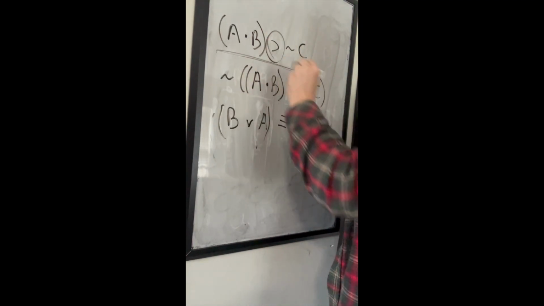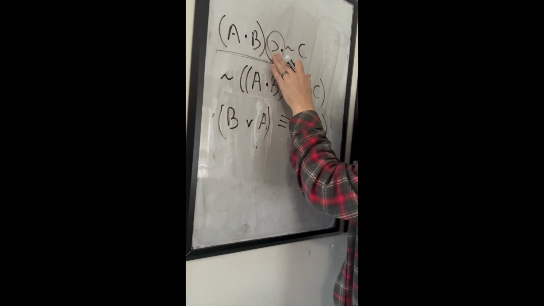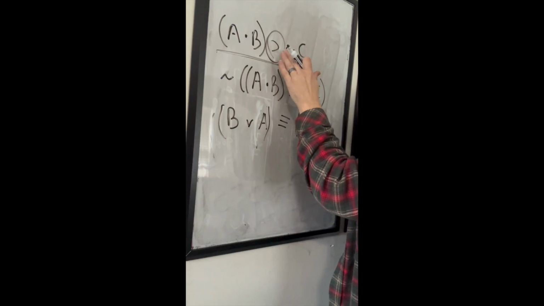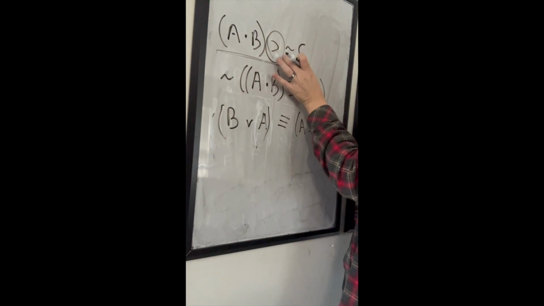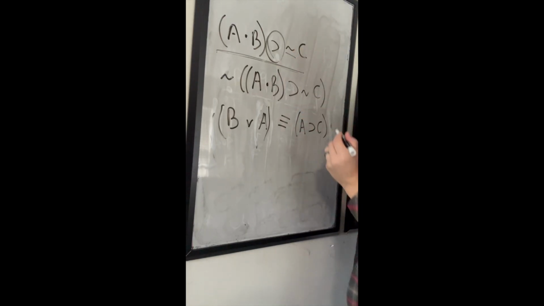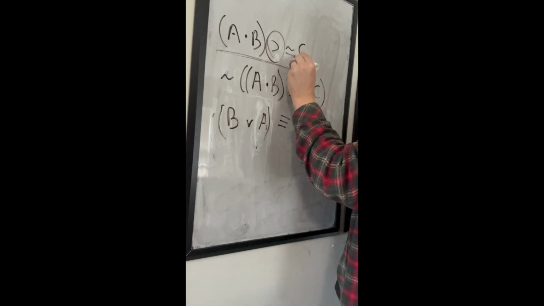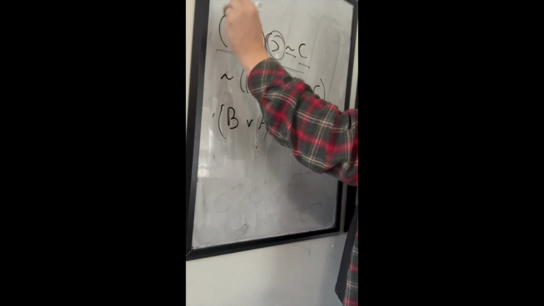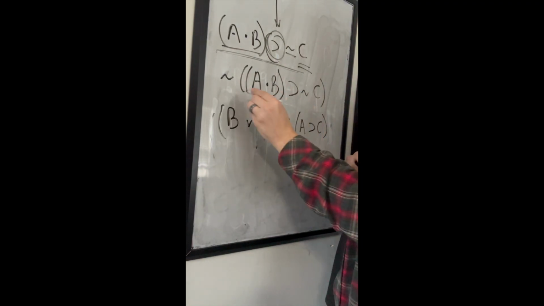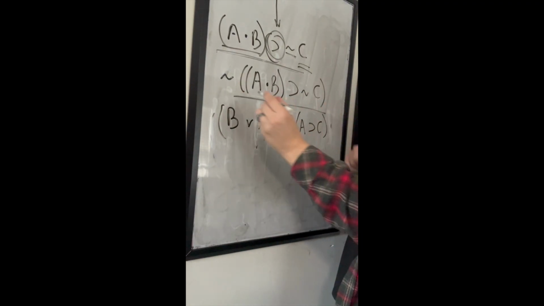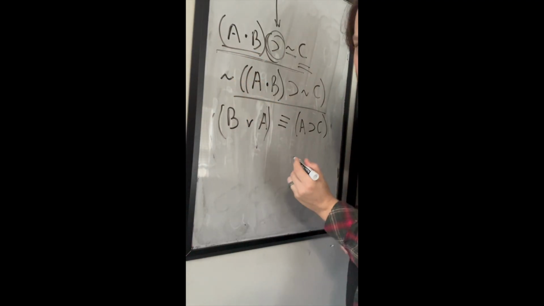Here, our horseshoe is not inside any parentheses. It's connecting this bit with this bit. Now, of course, the tilde, the not, is also not in a parenthesis, but it is only about this. This connects this and that. Major connector. Here, we've got a big old thing in parentheses modified by not.